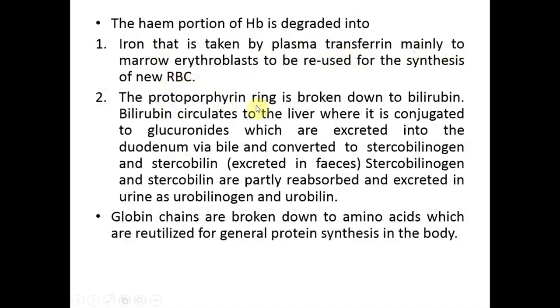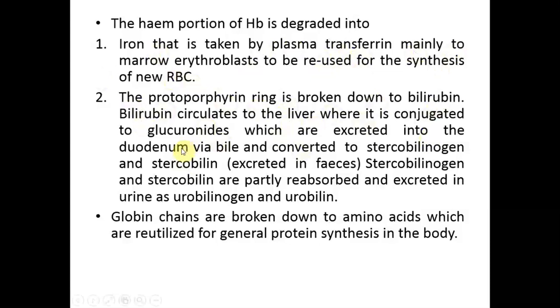The protoporphyrin ring, what happens to it? It is broken down into bilirubin, which we call unconjugated bilirubin, that circulates to the liver where it is conjugated with glucuronides and then excreted through the bile into the duodenum.